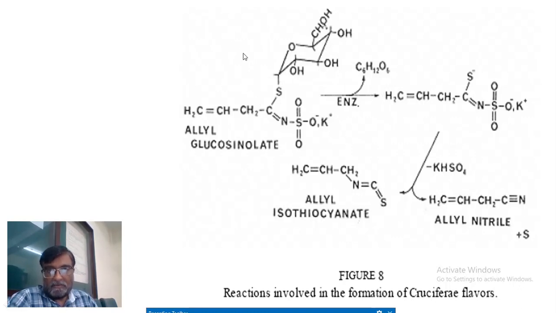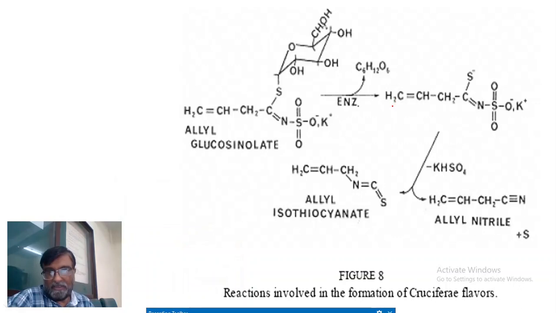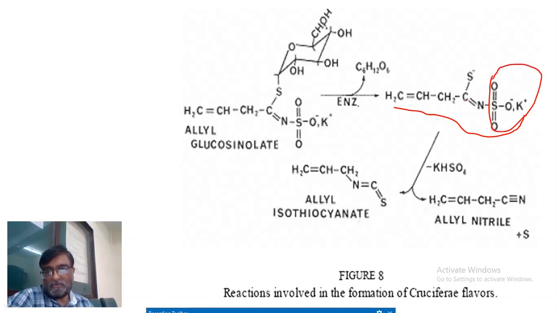So all the structure will be the same, excluding the glucose unit. We have cut off the glucose unit, so this will be the substance you are getting. That is making two kinds of substances when this KHSO4 has been removed, right?